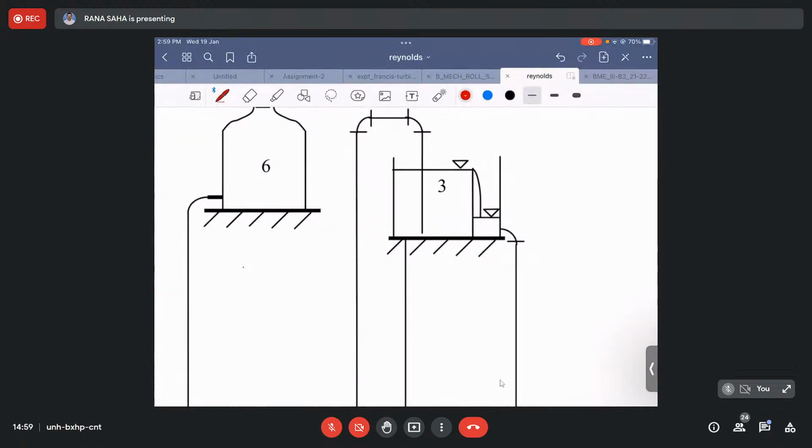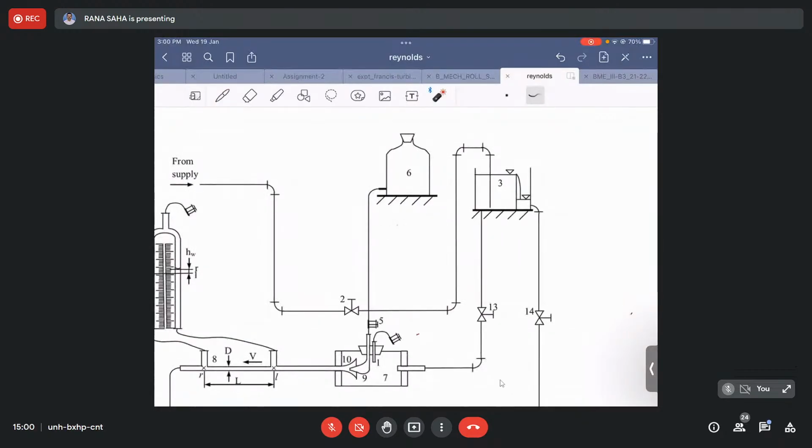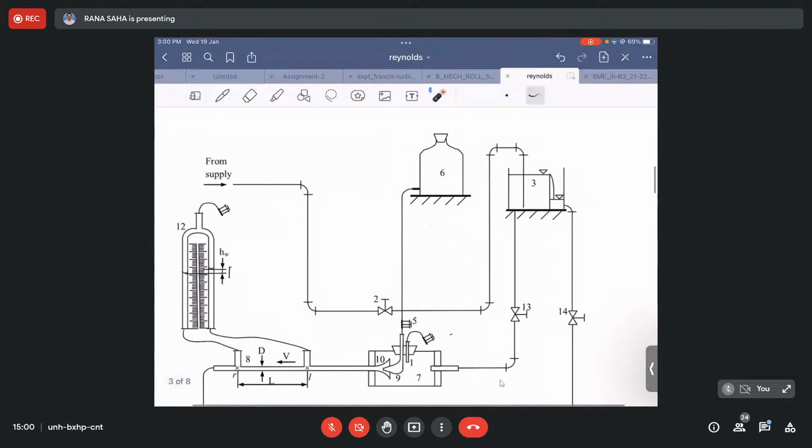It is filled by water from supply. Here, supply means this particular setup is located at the ground floor of our hydraulics laboratory. This constant head tank is mounted at some height from the floor, in the ground floor itself.